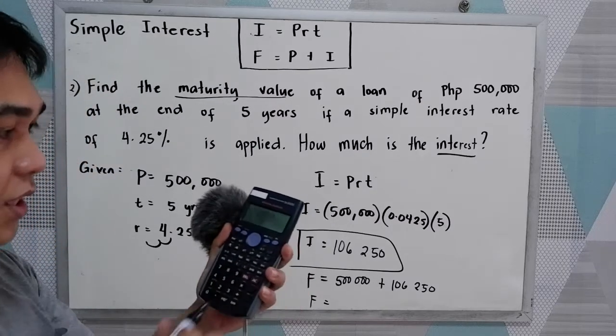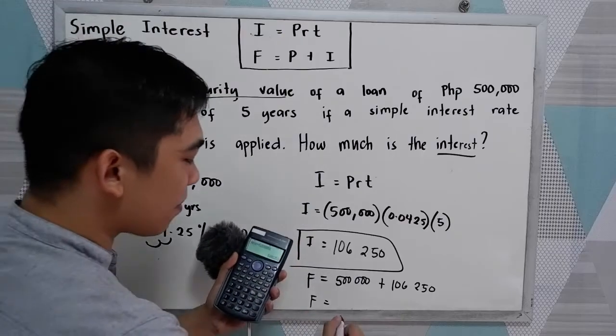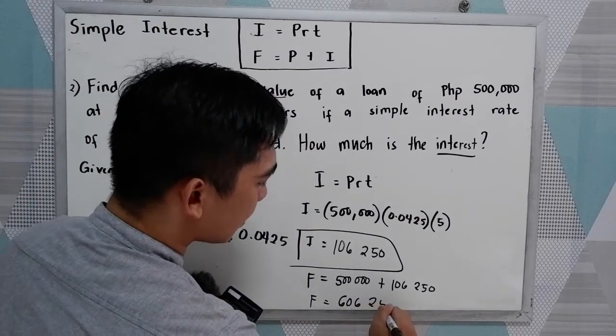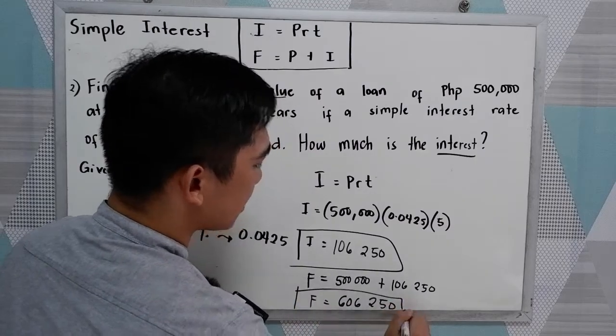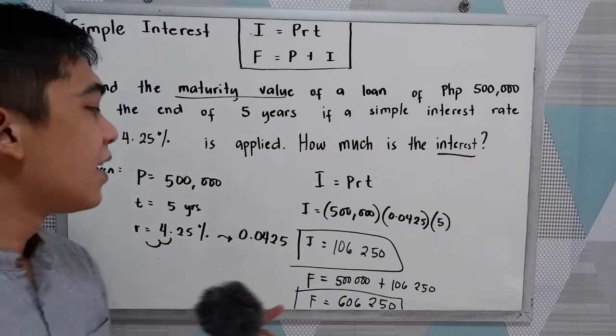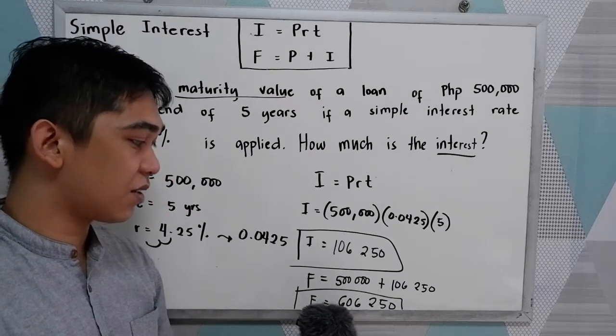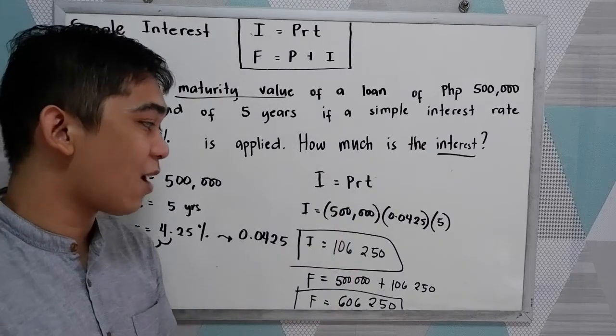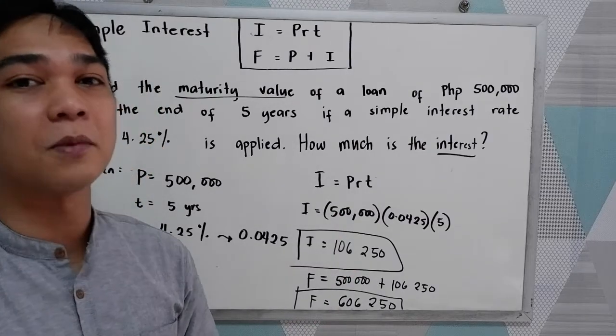Use your calculator. The maturity value is 606,250 PHP. Okay, that would be our final answer. The maturity value is 606,250 pesos and the interest is 106,250 pesos.